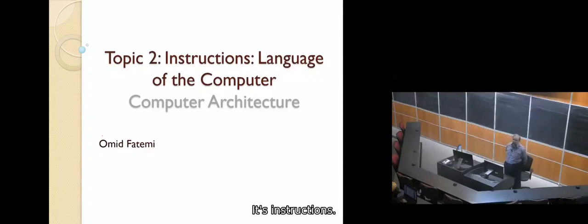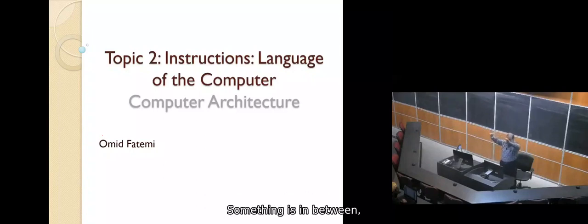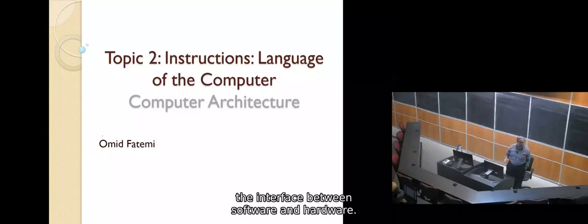It's instructions. We have talked about computer. And then we told you that there is a hardware and there is a software. You usually write software at the top level, and the hardware at the lower level executes that. Something is in between, which we called the interface between software and hardware.